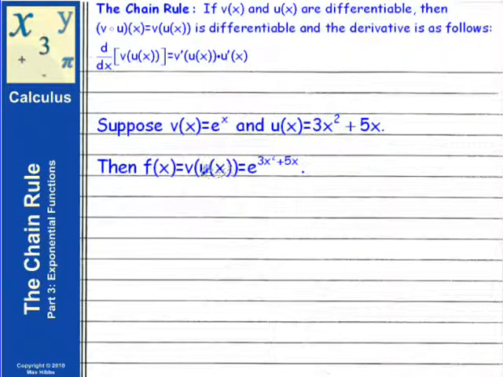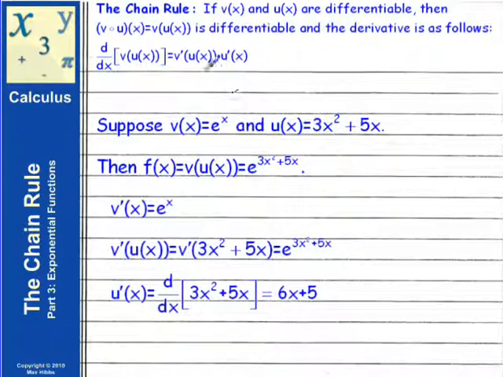And so if I evaluate v at u of x, that means I'm replacing this x with 3x squared plus 5x. So we have a function f that is e to a power other than simply x. And this is the kind of situation we've been discussing.